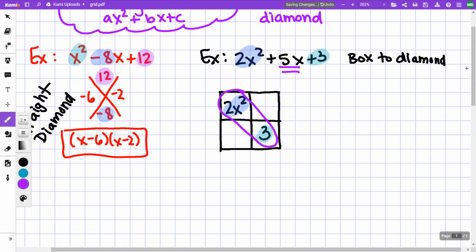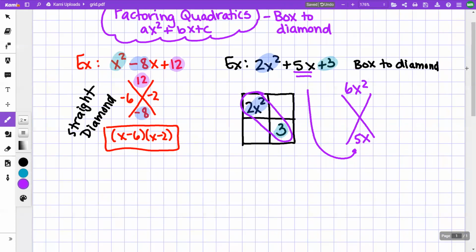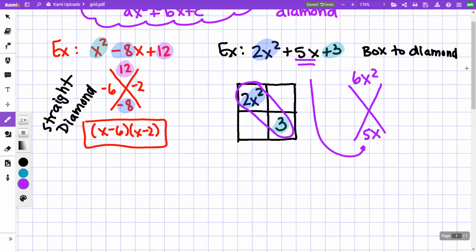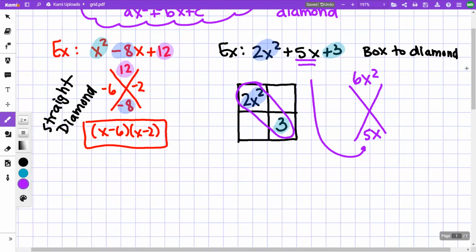So I am going to try to figure out what multiplies to a 2x squared times 3, 6x squared, and adds to the 5x. And I'm going to put the x squared in the x. For the one that I just did in red, this one over here, I don't put the x squared in the x, because whatever my sides are going to be, that's going to be going with my x in my parentheses. These ones I'm going to stick back into the box.